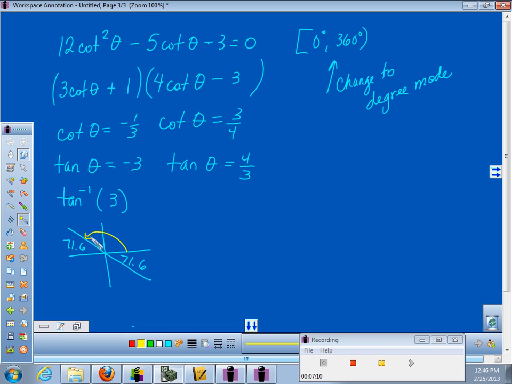Yeah, 180 minus 71.6 is going to turn out to be 108.4 degrees. Then do the same thing if I'm going around clear to the fourth quadrant. I've got to do what? 360 minus 71.6. And 360 minus 71.6 is going to be 288.4.